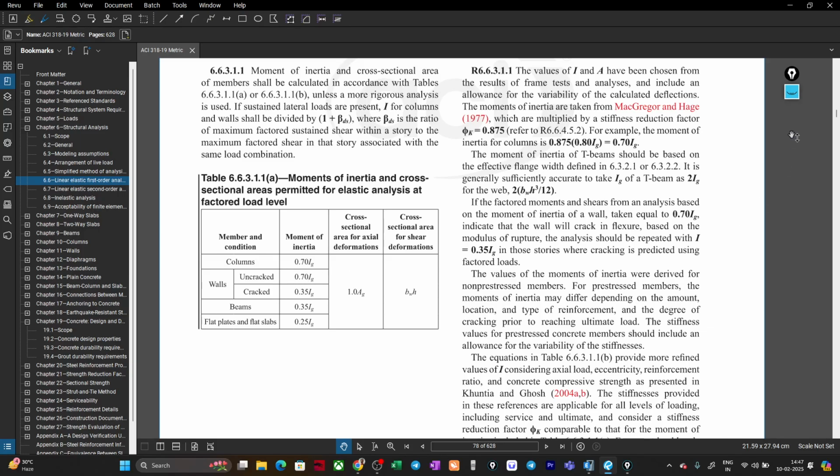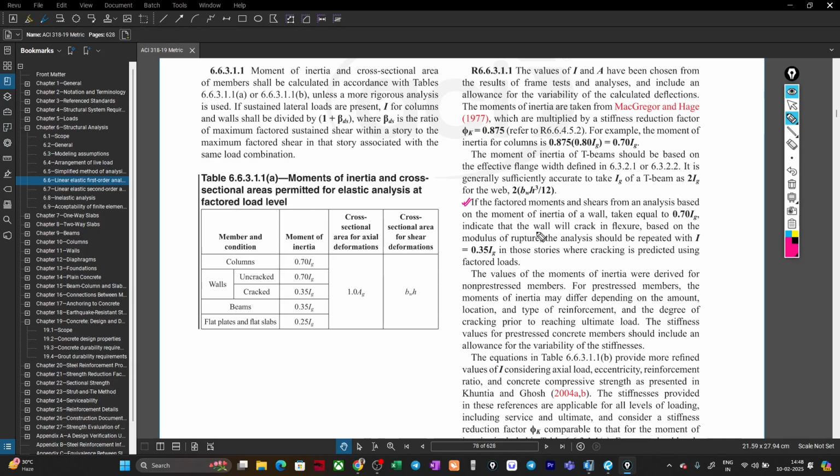To understand this, we need to read this commentary. I will just mark it. It says that if the factored moments and shears from the analysis are based on the moment of inertia of the wall taken equal to 0.7 Ig.